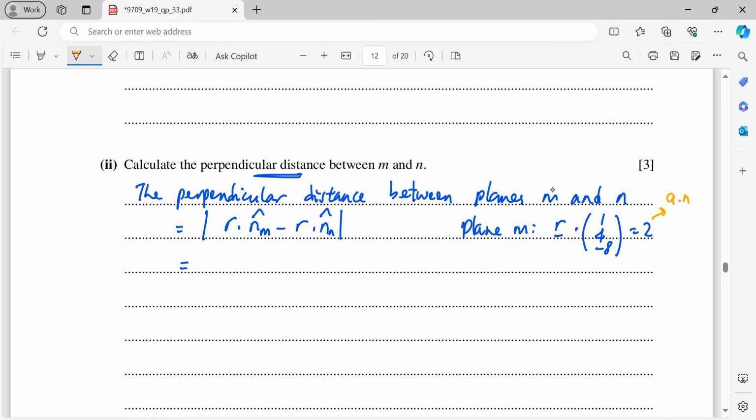This is your r dot n hat, the formula equals a dot n hat.